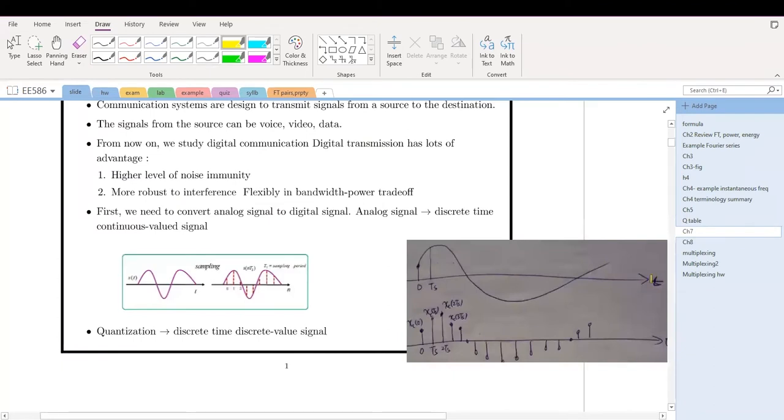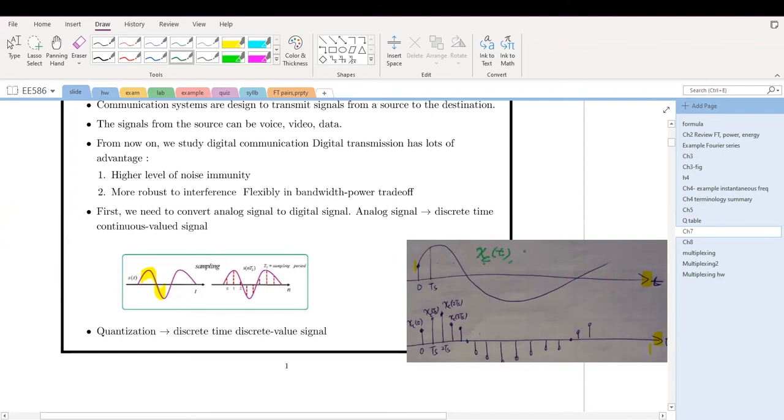Now let's look at the conversion from the continuous time signal to the discrete time signal. I have a figure here, it's kind of small, so I redraw it here. I have a continuous time signal here, called xc of t.